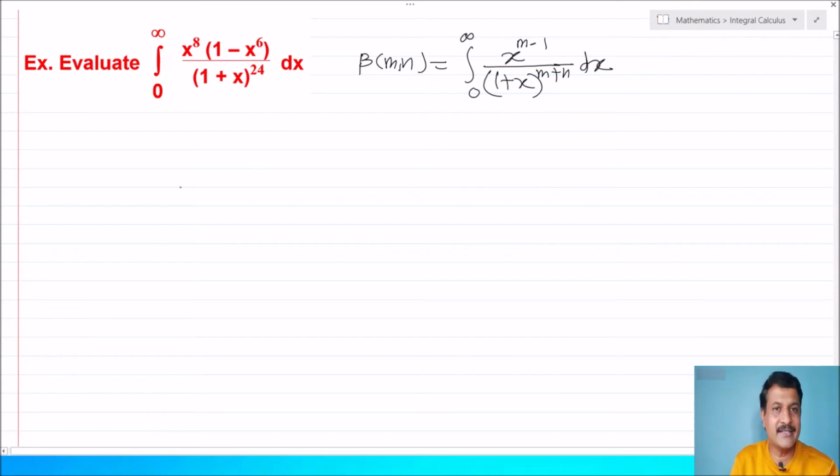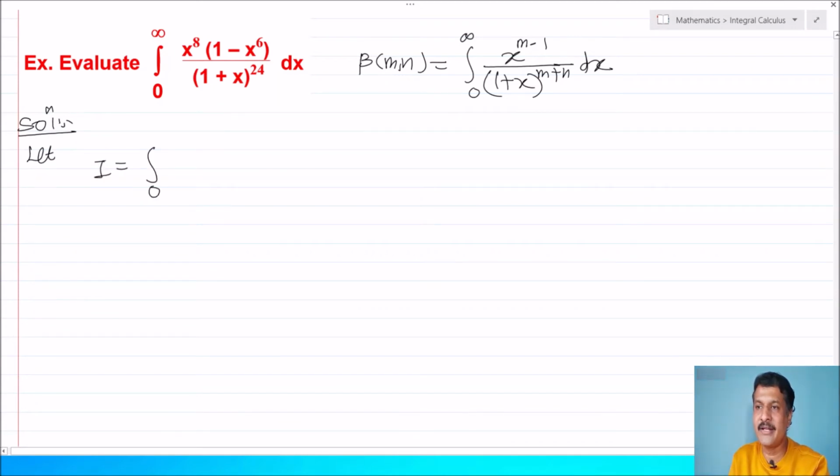So I can relate this to this definition, and that is why, solution: let I equal to integration 0 to infinity x raised to 8 into (1 minus x raised to 6) upon (1 plus x) raised to 24 dx.